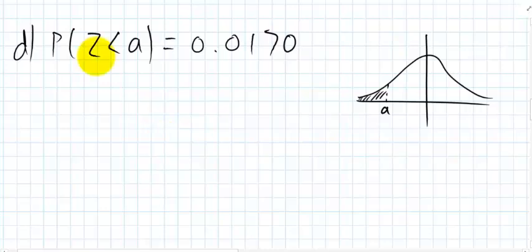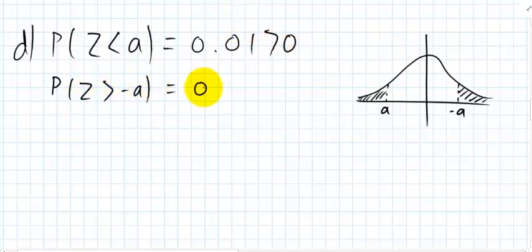Now, as we did before, instead of actually doing something to this, we're going to be changing the probability. First we're going to use the symmetrical property. If this is A, this is going to be minus A, and this area here, the probability of Z being bigger than minus A, is the same as above, 0.0170. Now we're going to use the 1 minus method.